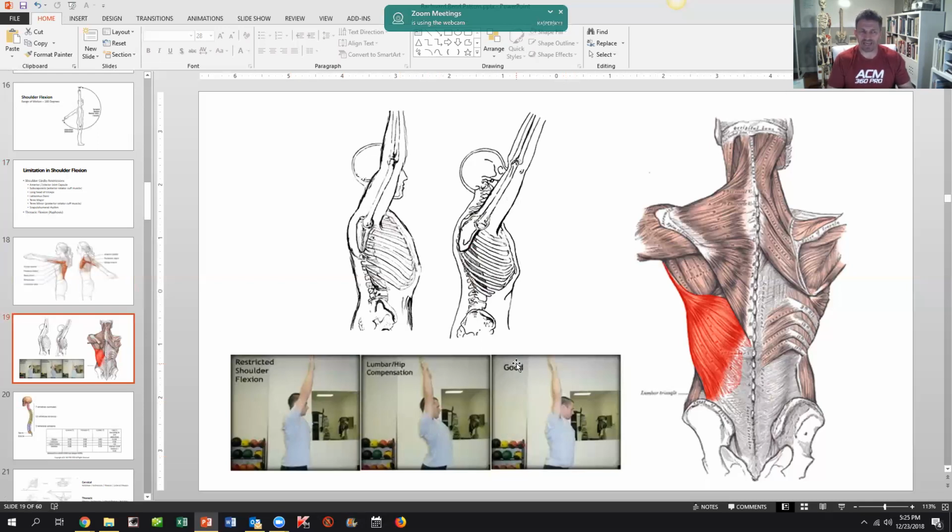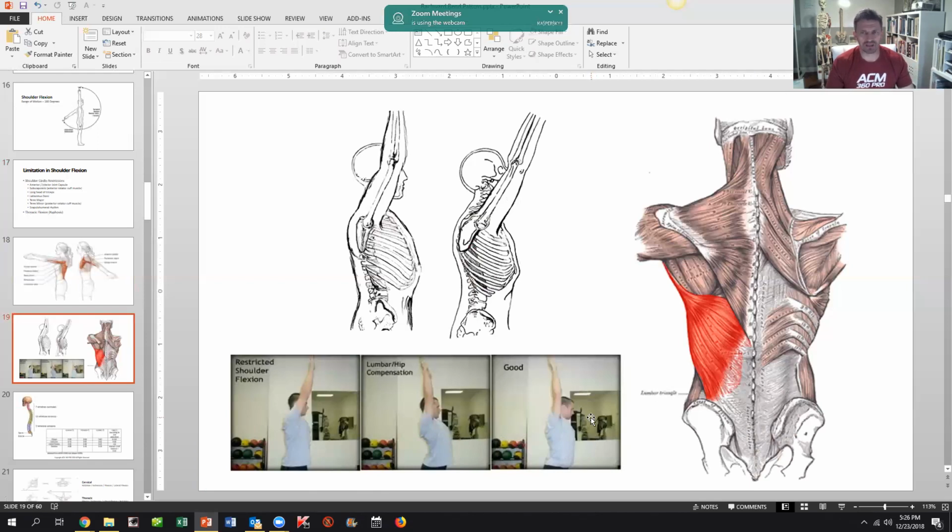The lat being attached or originating from the lumbar sacral fascia of the low back pulls on that fascia and creates an arch in our back. And if you see an excessive arch in someone's back, it could be because they have thoracic tightness, could have any of those other muscles involved, but the lat is having a big pull on this, and it's probably the big culprit in this situation.